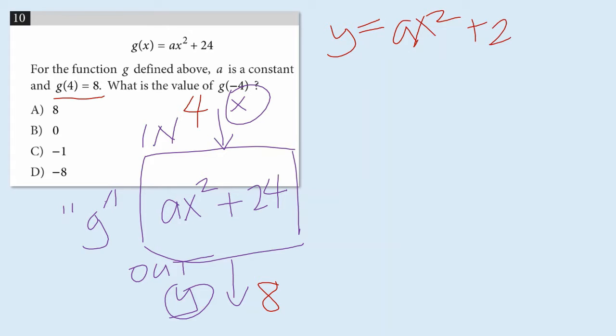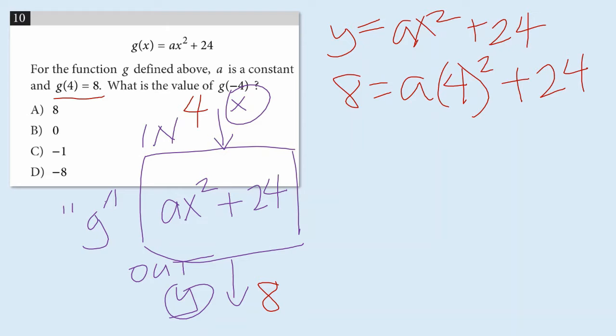All I'm doing is I'm saying what's coming out is called y. Now, we know that if 4 goes in, 8 comes out. So I'm going to substitute 4 in for x and 8 in for y. So I have 8 equals a times 4 squared plus 24.